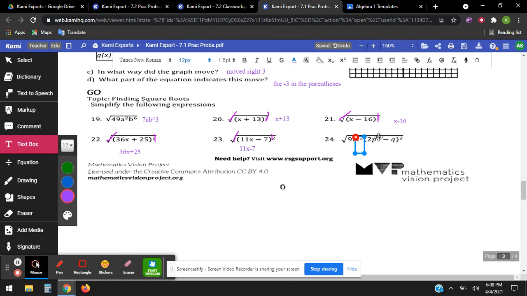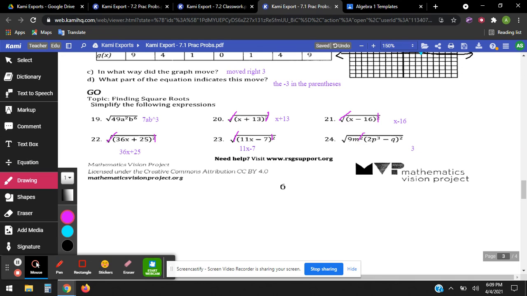Okay, so I didn't do this one because not everything is in the parentheses. So I have to take the square root of each thing, the 9, the m squared, and the parentheses. So the square root of 9 is 3. The square root of m squared, so these guys cancel.